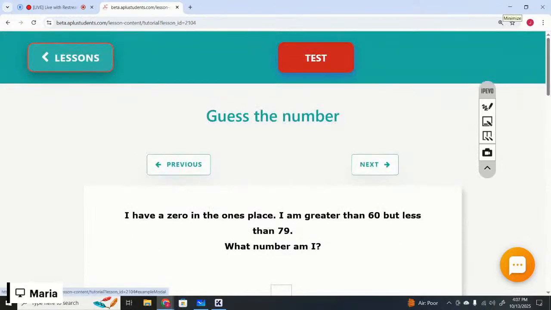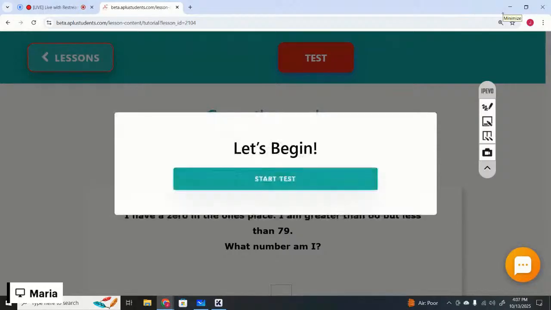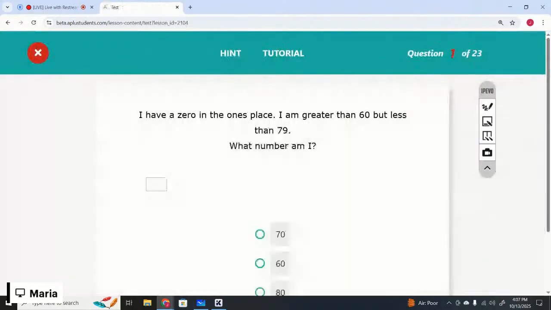Let's just start with the test questions. I have a 0 in the ones place. I'm greater than 60 but less than 79. What number am I?